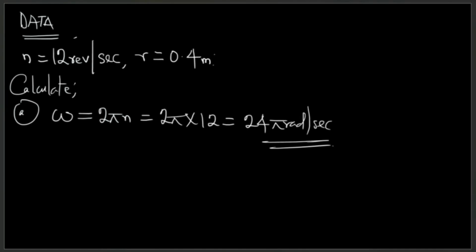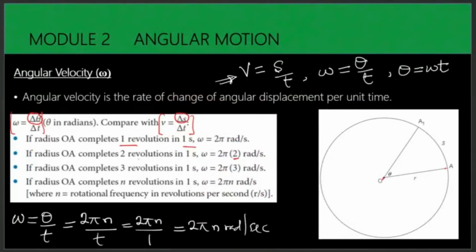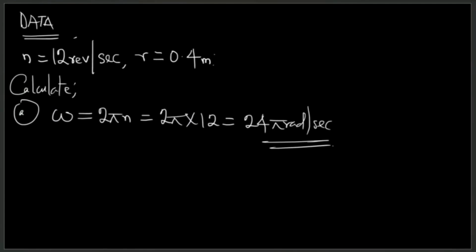Remember, we were able to derive the angular velocity in 1 second, which is 2 pi divided by time. The time is 1 second. So this is going to be 24 pi per second. Or you can just write it as 24 multiplied by 3.142, because it's stated here that you must use 3.142 as your pi. So you can now multiply and leave your answer in radians per second.